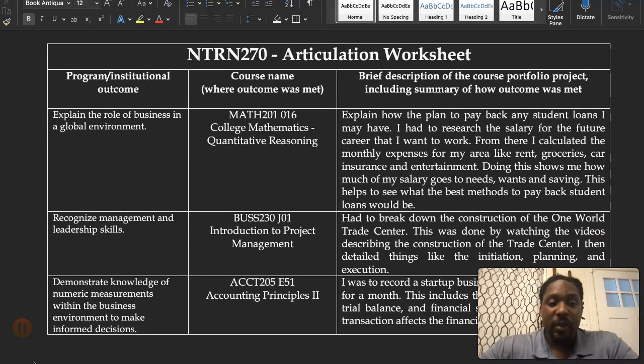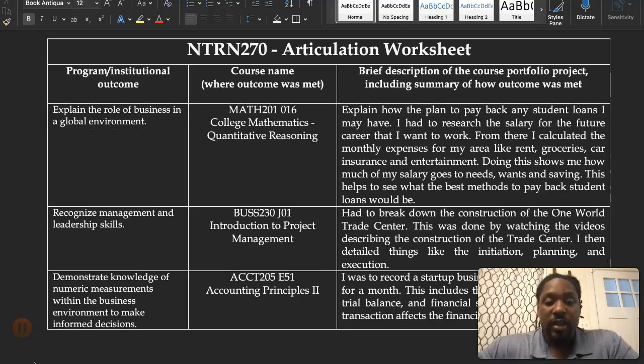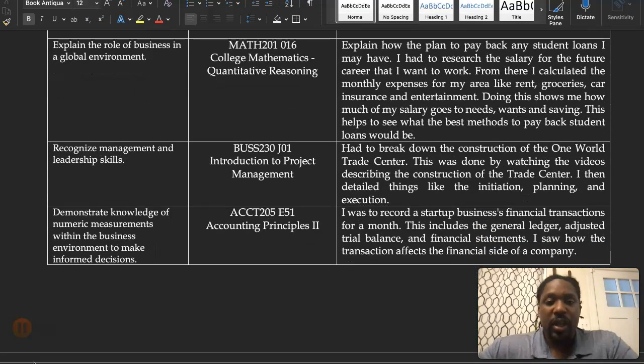After that, the next outcome we had was to recognize management and leadership skills. And this one was from the introduction to project management. In this, we had to break down the construction of the One World Trade Center after the World Trade Centers were demolished.